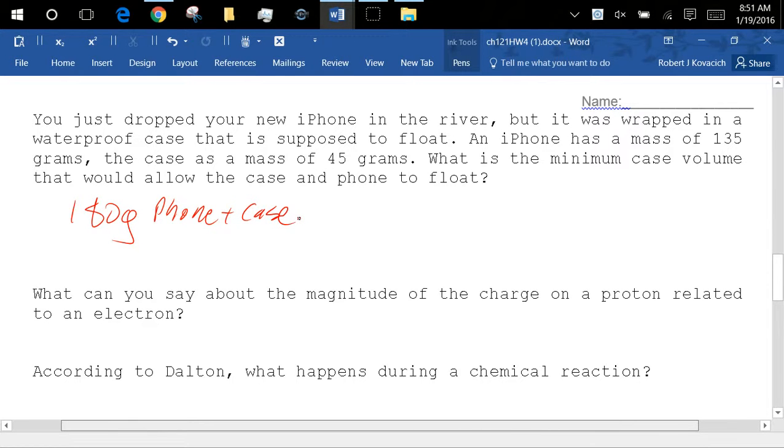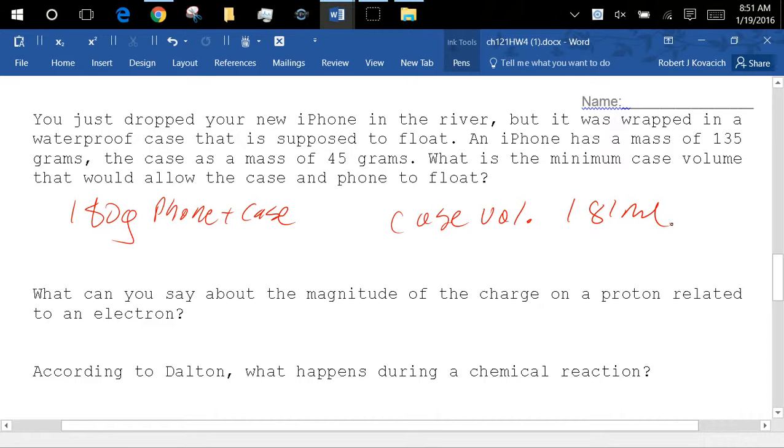So now I guess we just need to know that the density has to be less than 1 for that thing to float. Okay. So then the case volume would need to be what? Less than 1. No. 181. Oh, yeah. 181 milliliters? That'd be fine.